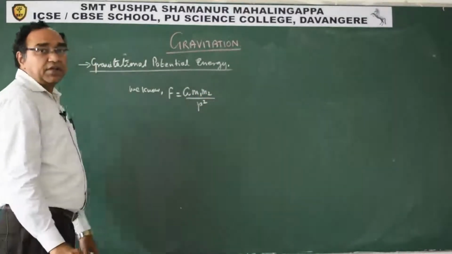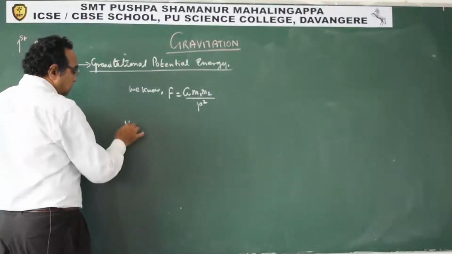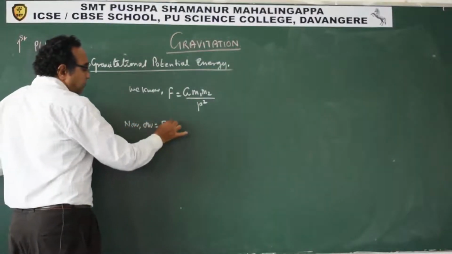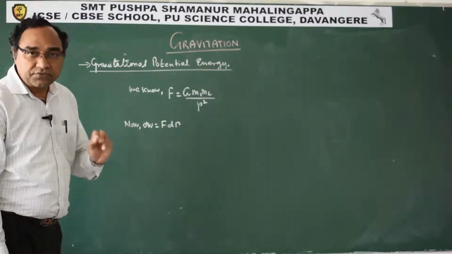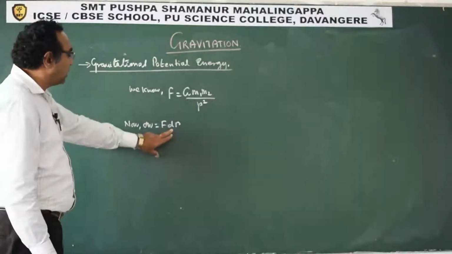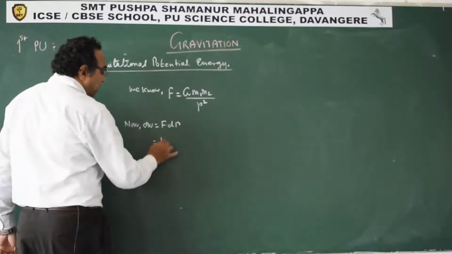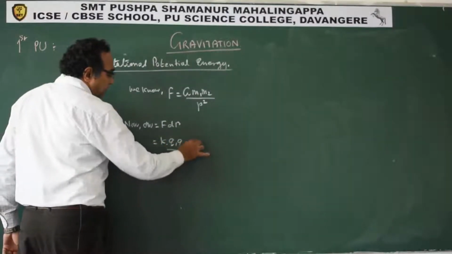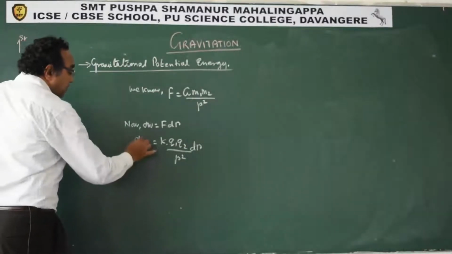This is the gravitational force. Now dW is equal to F dr. For a small change in the position dr, work done is F dr. So that is G m1 m2 by r square dr. This is dW.